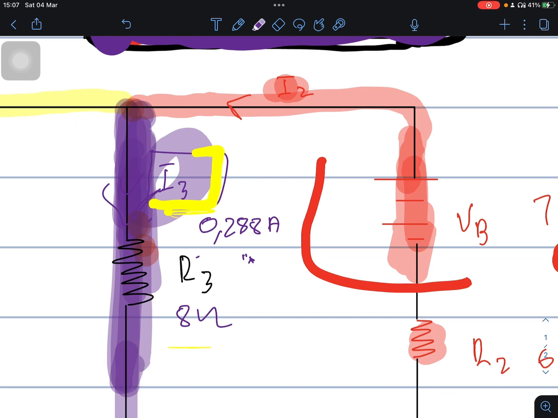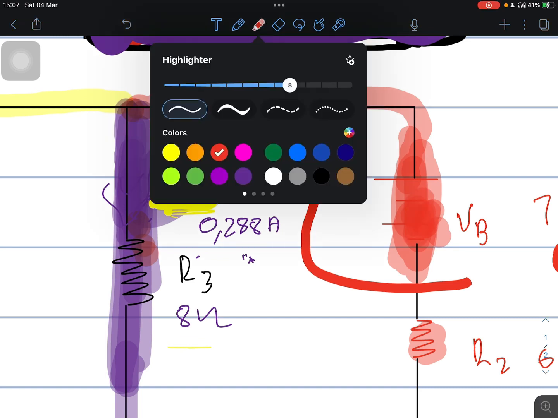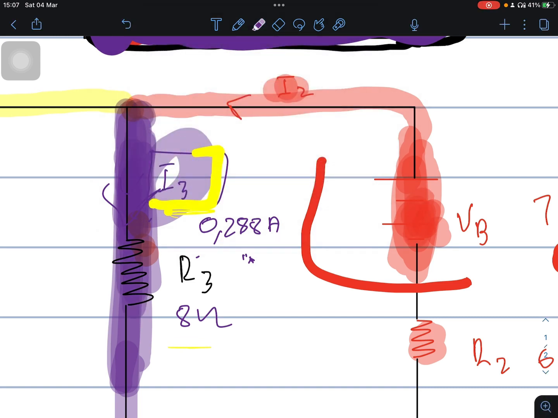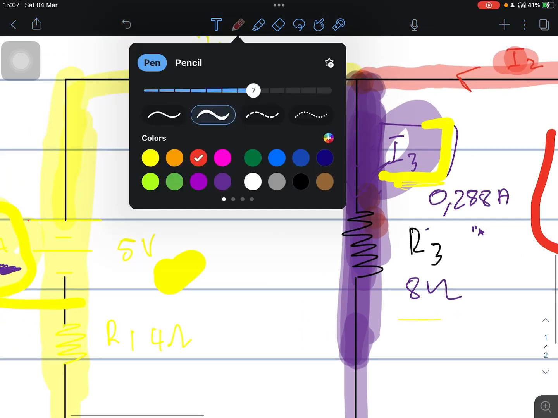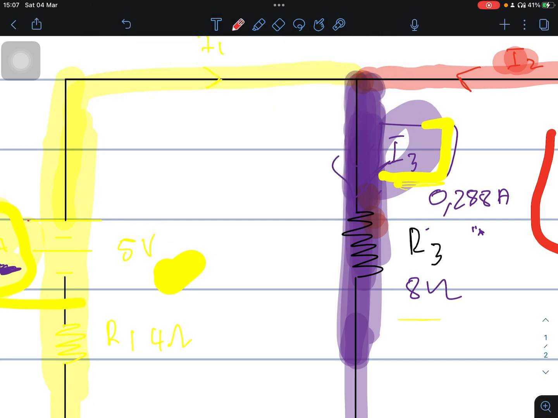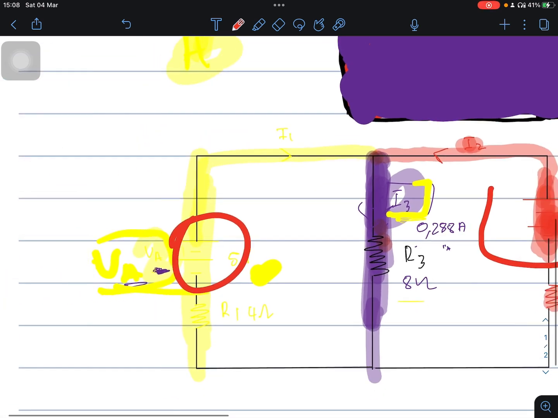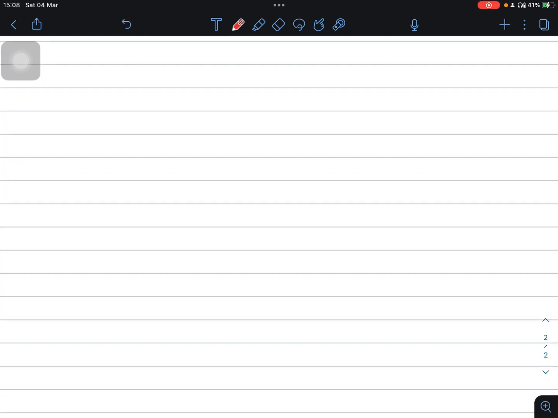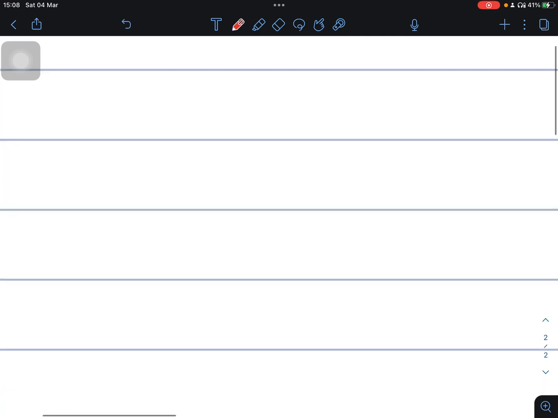Now we're going to calculate how much current this source is contributing to this branch current. When we do that, we have to short circuit this source, which brings us to the second stage of this calculation.